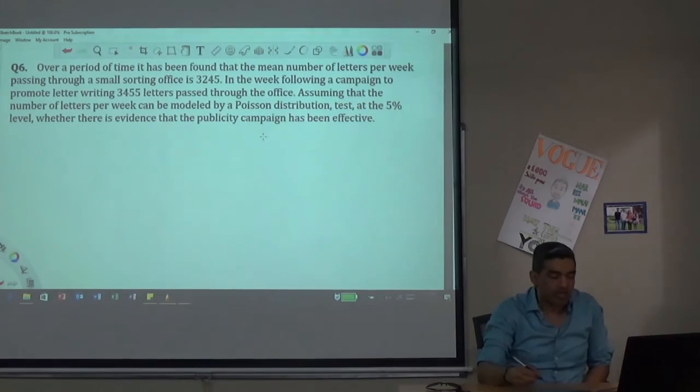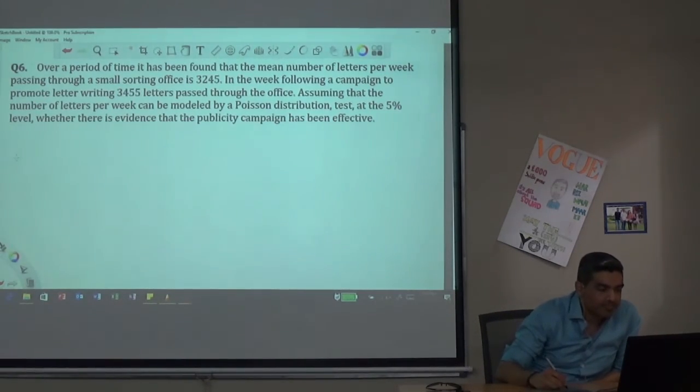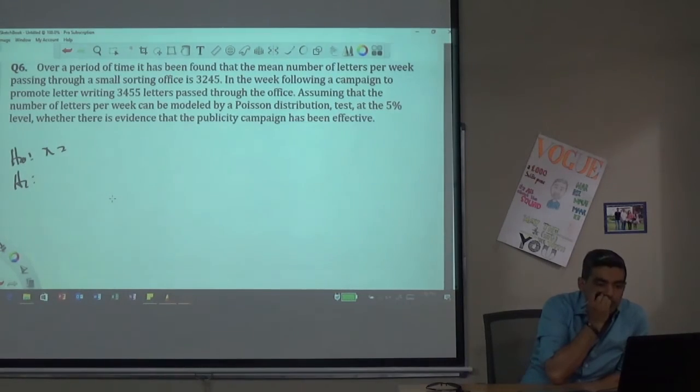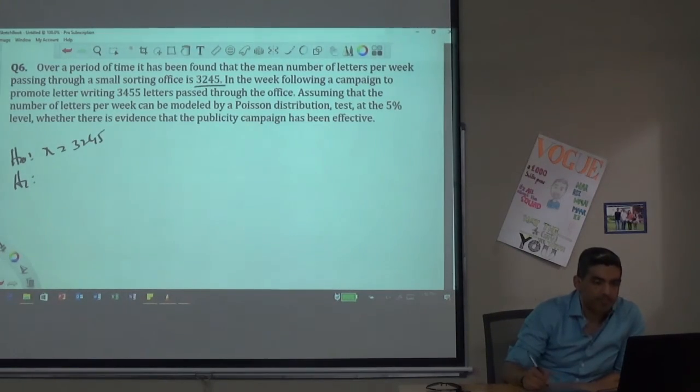Okay, let's write down the hypotheses. 3 to 4. Lambda is what? 3 to 4, 5. Is that the lambda?